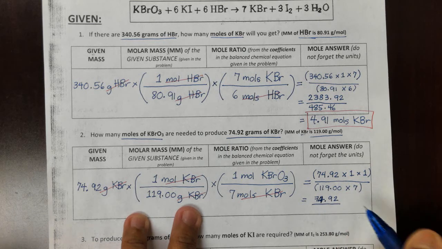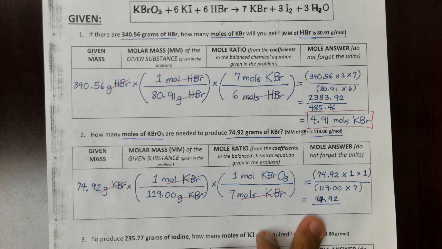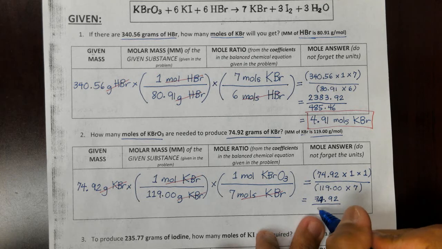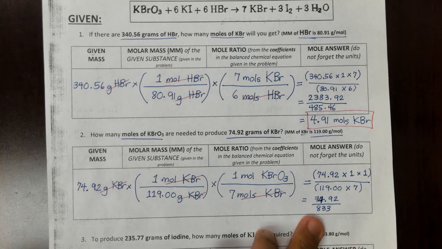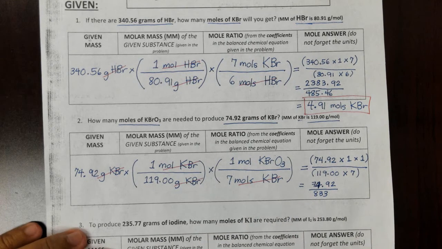And then divided by, let's multiply our 119 times 7. So 119 times 7 will give us 833 in the calculator. So let's go ahead and divide afterwards 74.92 divided by 833.